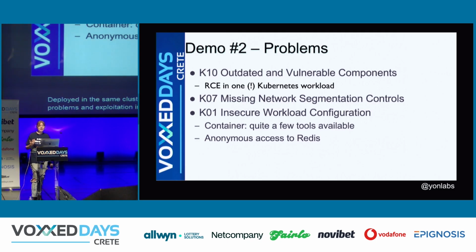Why did it happen? Because we had the problem K7, missing network segmentation controls. So basically there was no segmentation configured, no network policies configured. So hello RCE pods could connect to demo pods, be it the server or, in our case, the Redis server.